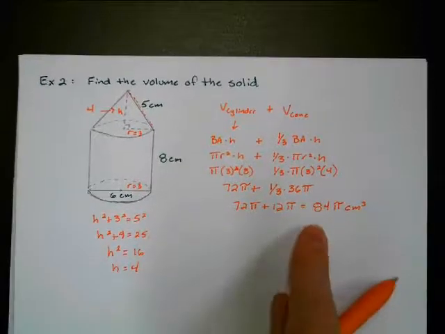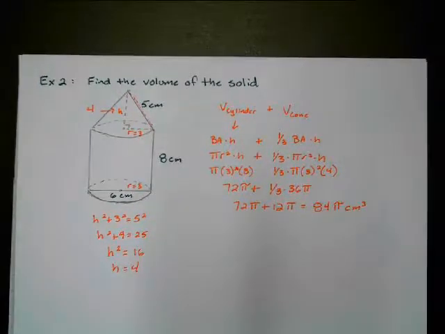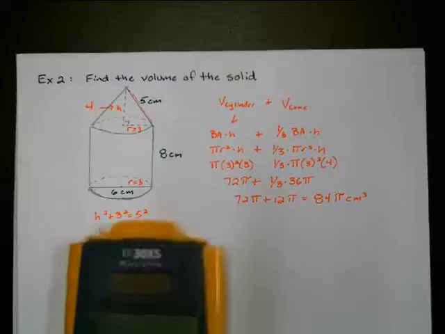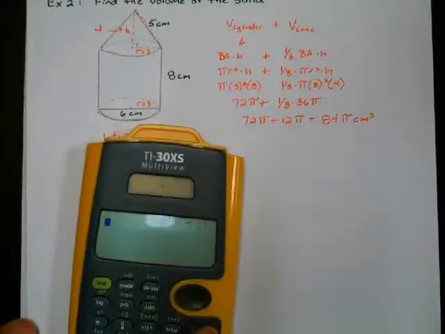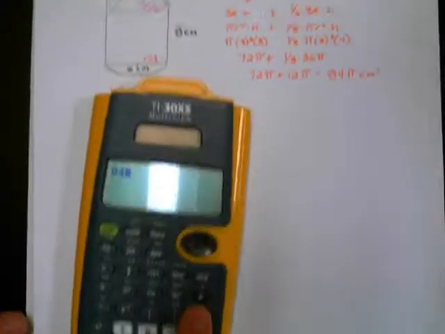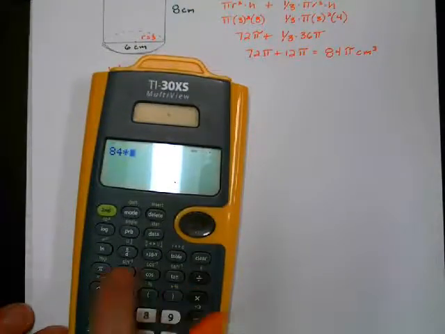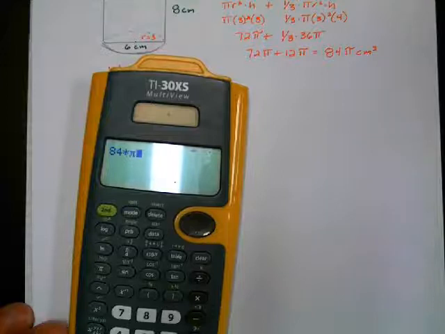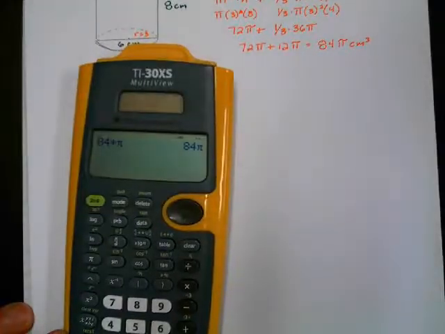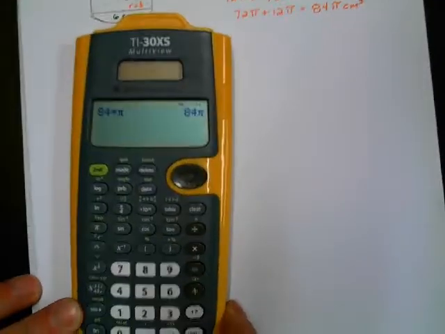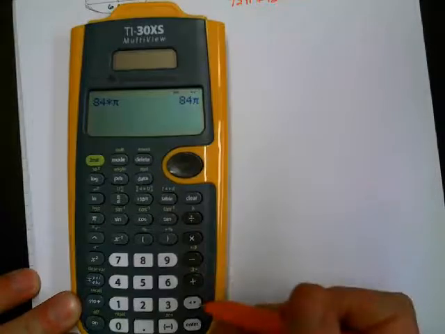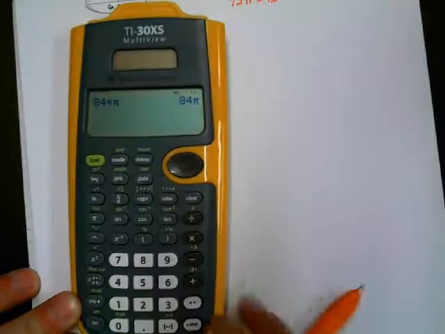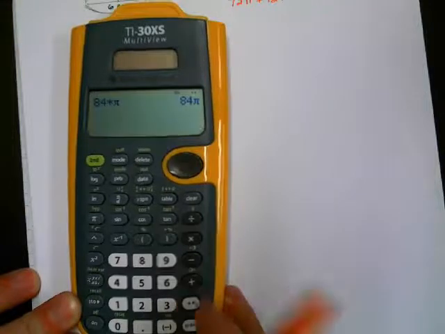If you want the answer rounded, like sometimes we round to the nearest whole number or something like that, we might take our calculator and just do 84 times pi. Now, if you've got a calculator like this, sometimes it just leaves it as 84 pi. These calculators will have this button that has these 2 arrows pointing side to side. That's going to give you your approximation or your decimal answer. So I'm going to click that.